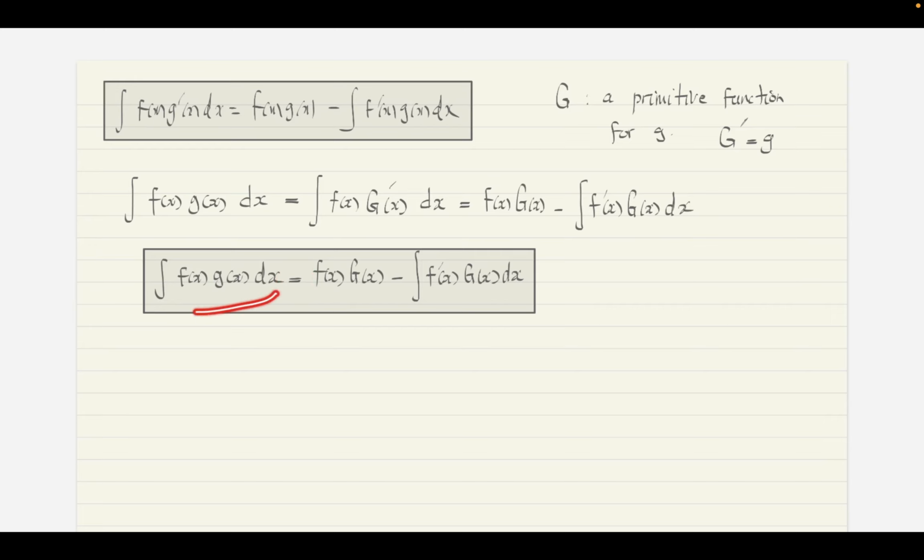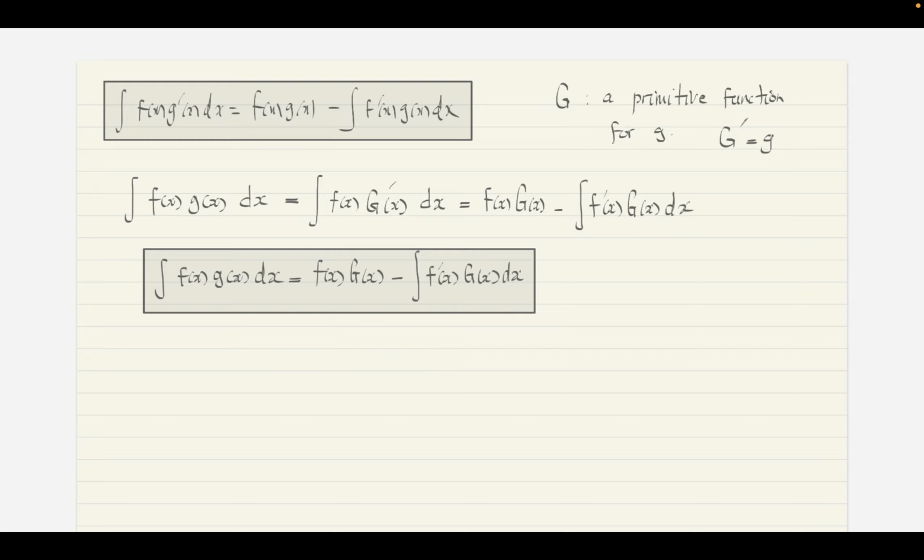Because this reduces my integral to a new integral. This becomes also useful if this second integral is simpler than the original integral. So let me repeat, this formula is always true but not always useful. It is only useful if this new integral is simpler than the integral that I want to calculate.